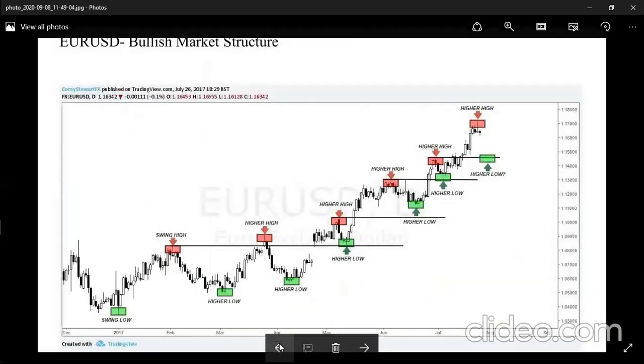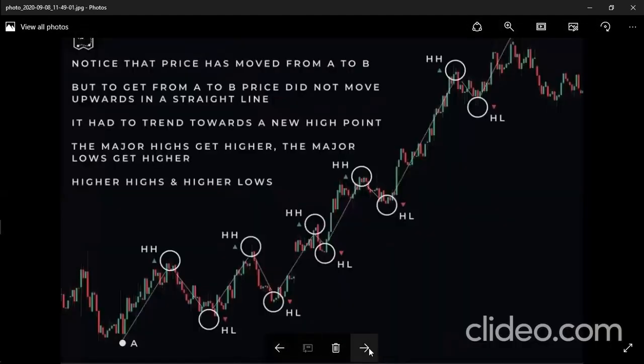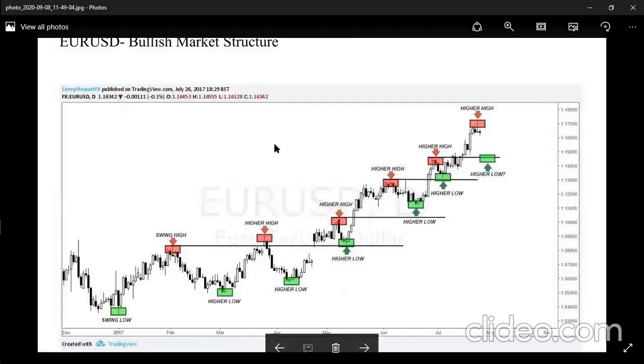All right, let's look at an example of a higher high. This one is more clear. As you can see, price goes up and makes a new swing high here. That's the higher high.